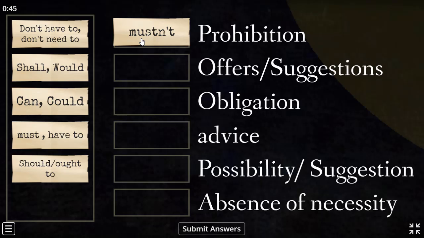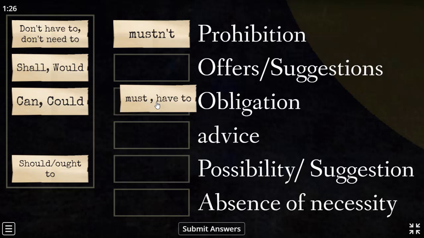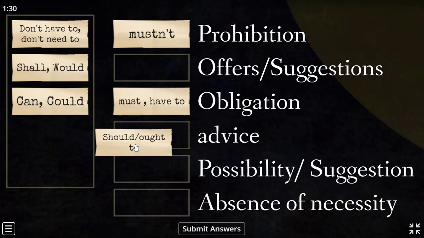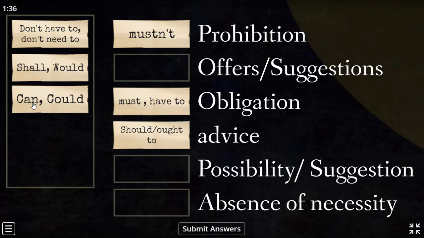We will see. What about offers and suggestions? You're not sure? Just start with what you are sure about. Do you know which one expresses obligation? Yes? What is it? Mustn't, have to? What about advice? Should and ought to? It's your own responsibility. What about possibility and suggestion? Can.